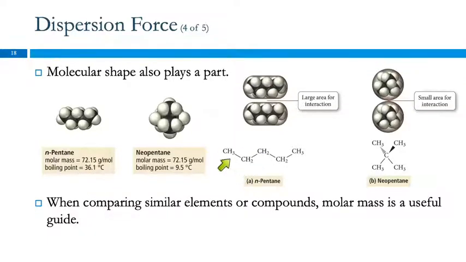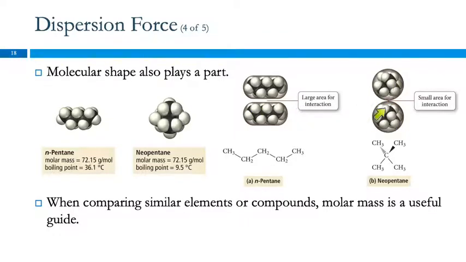Well, what's the difference here? N-pentane has the carbons in a long chain, so this molecule has more of a capsule shape, right? And neopentane has a central carbon with the rest attached to it, so the molecule has more of a spherical shape. So if you think about these two molecules covered in Velcro, they can stick along this long surface, the side here, right?